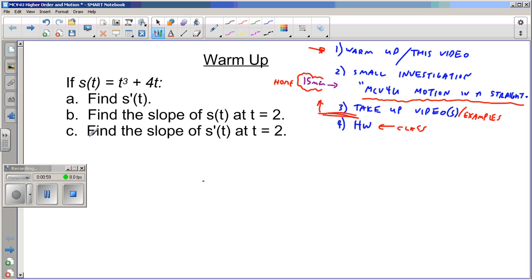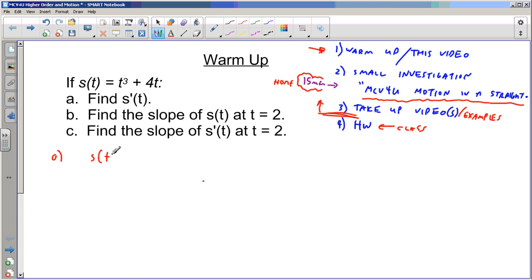So the warm-up, we're asked, first of all, to find s prime at t. That's easy, because this is an easy function. We have s at t is this. It doesn't need to be changed in form. This is just the sum of two functions. We take the derivative of the two pieces. That's great. Find the slope of s at t equals 2.